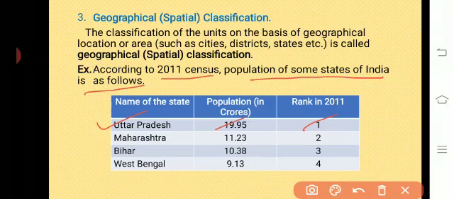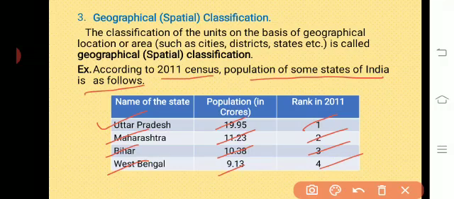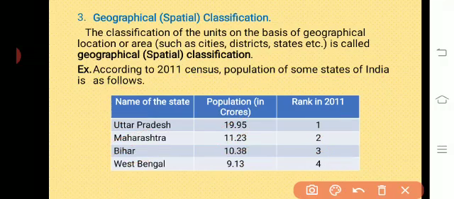Then the second state is Maharashtra, the population was 11.23 crore, second rank. Then Bihar, it is 10.38 crore, third rank. And one more is West Bengal, the population was 9.13 crore, fourth rank. Like this, any example which depends on geographical location, you can give for geographical or spatial classification.